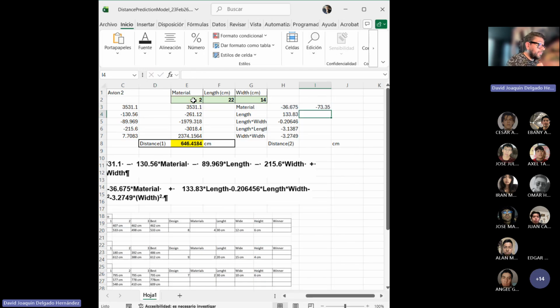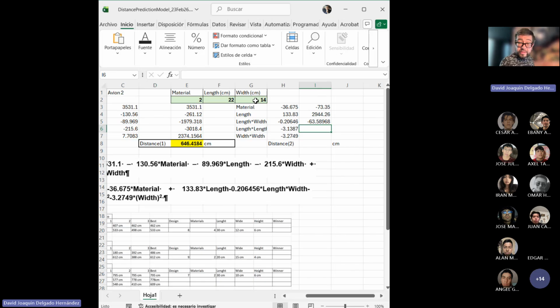Then I will have to multiply this coefficient times the length. The length is here, okay? Then I will have to multiply this coefficient times both the length first times the width. Is it okay?